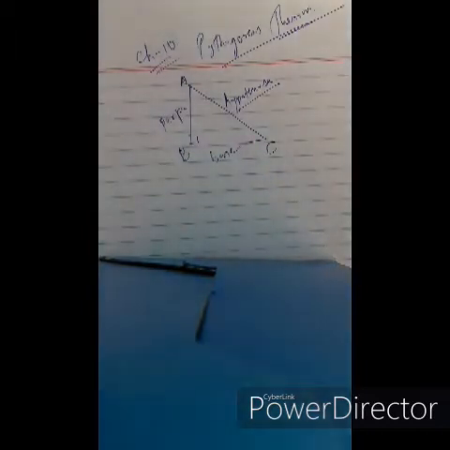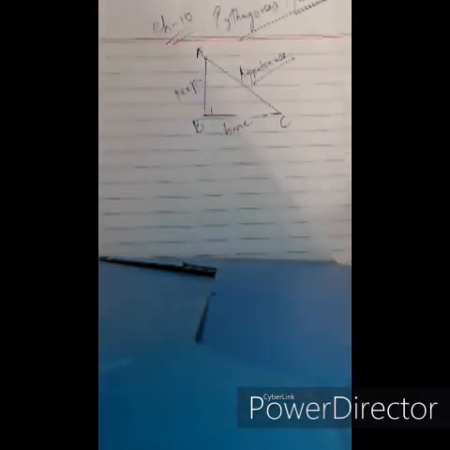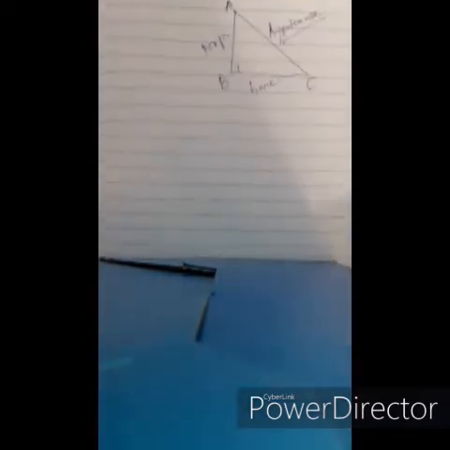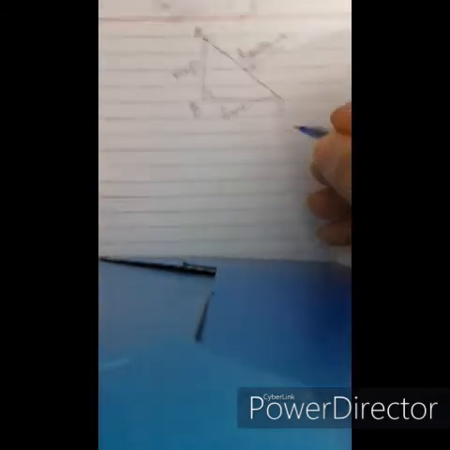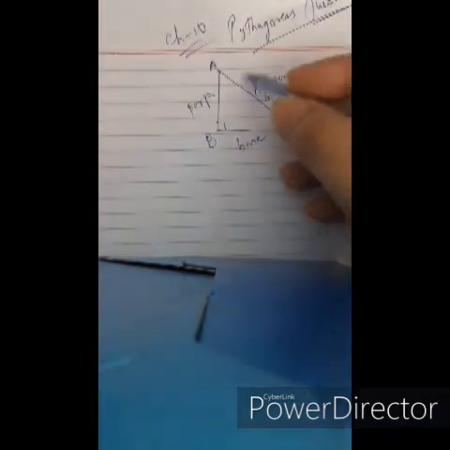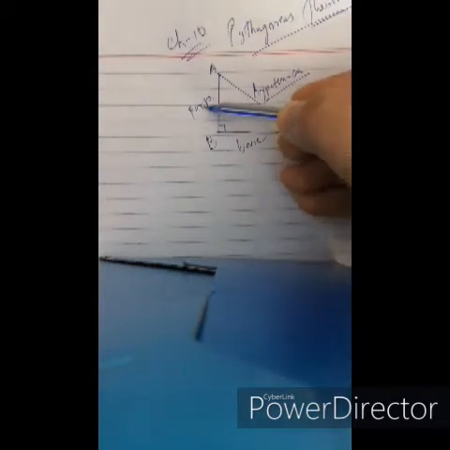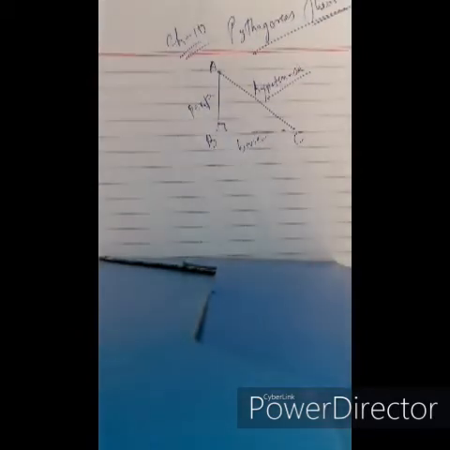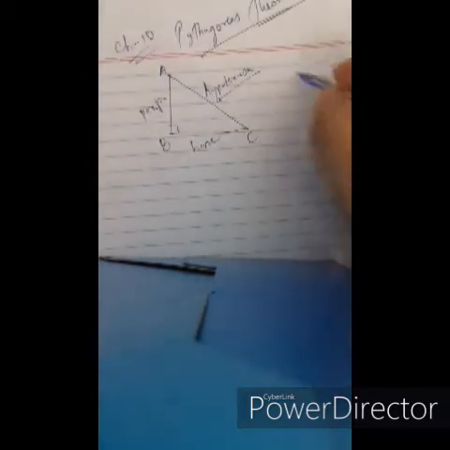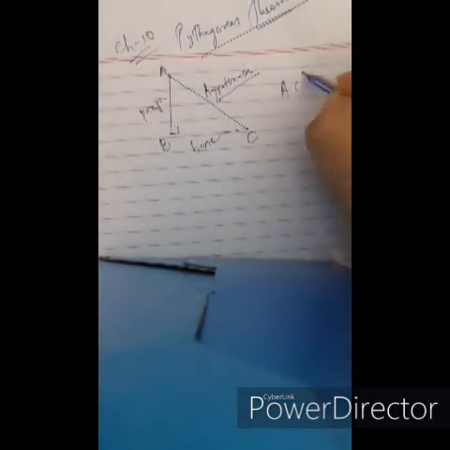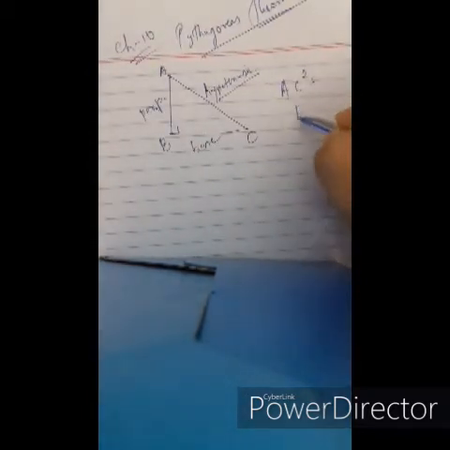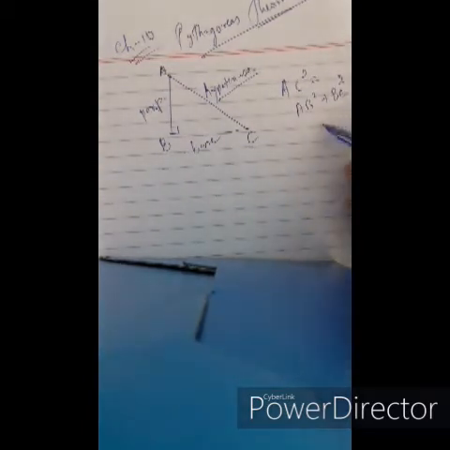So according to Pythagoras theorem, we get the square of the hypotenuse is equal to the sum of the squares of the perpendicular and the base. That is, for this, AC square equals AB square plus BC square.